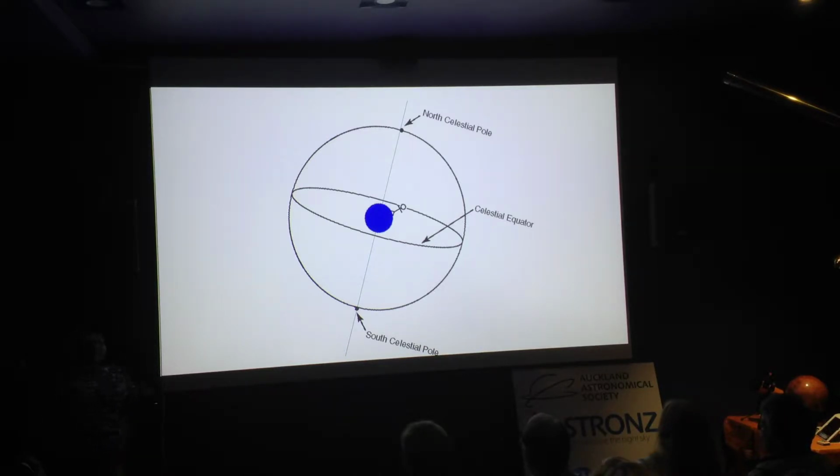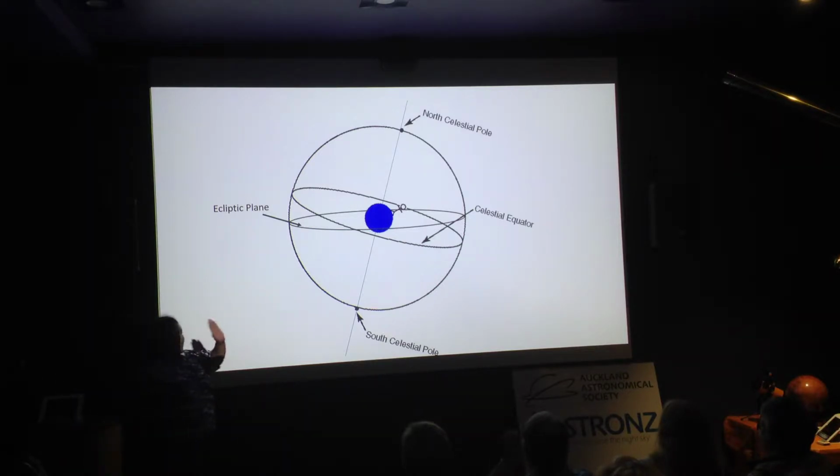There's another line in the sky that is actually very important, called the ecliptic plane. The ecliptic plane, if we were to look outside in the sky, is the path that the sun would take along the course of the year. So the sun follows a path in the sky. It is also the path that the moon follows, and also the path that all the planets follow.